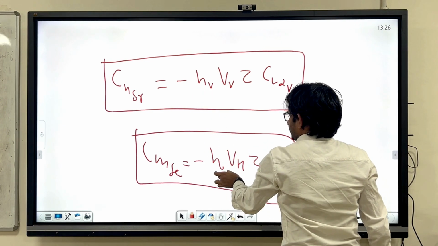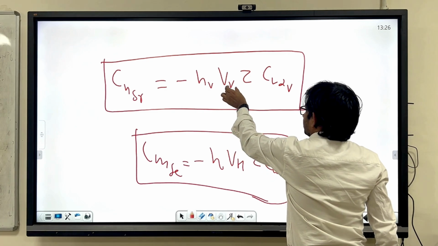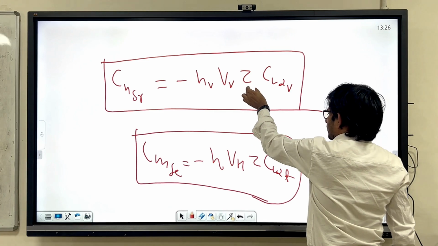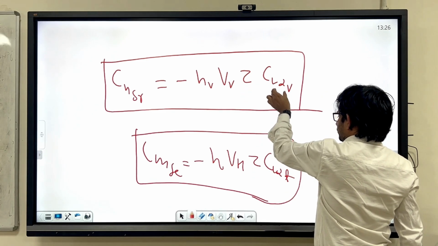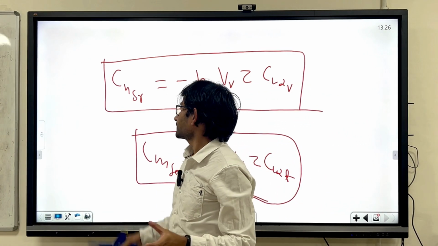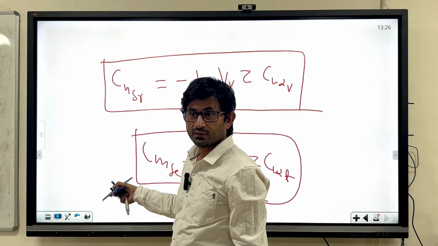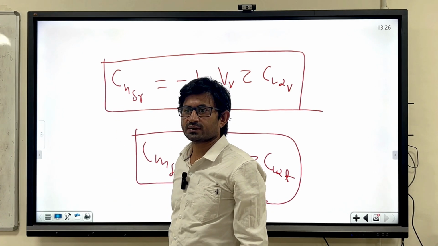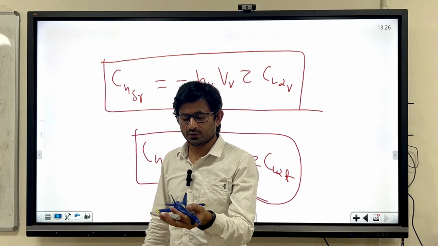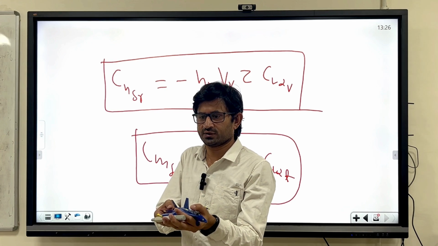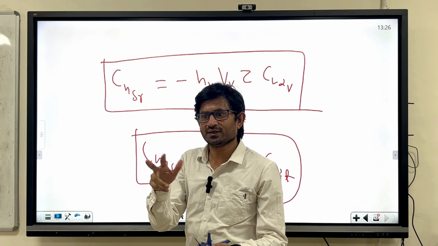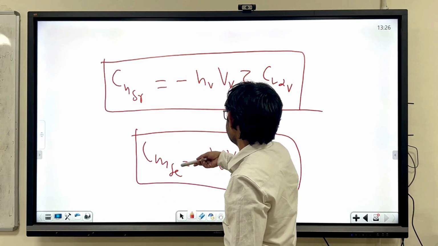Tail efficiency factor, tail efficiency factor. Tail volume ratio, tail volume ratio. Tau, tau. Lift curve slope, lift curve slope. Only in this case it is the horizontal tail, and in this case it is the vertical. So you can see exactly what we are doing. You can think of it in that way, right? So the expression is the same, right?